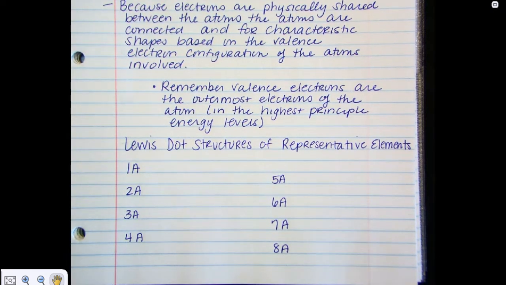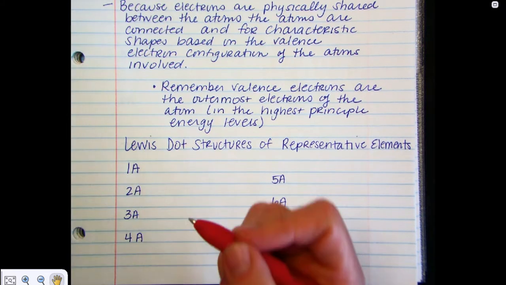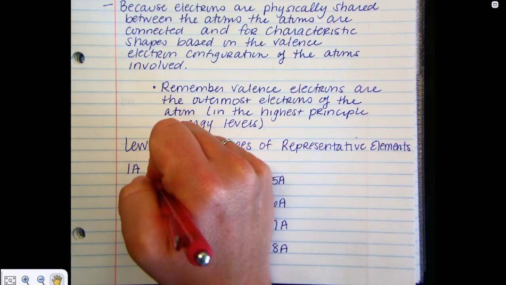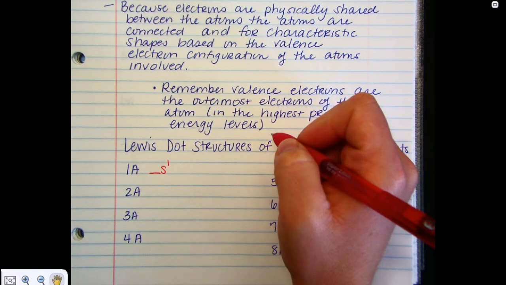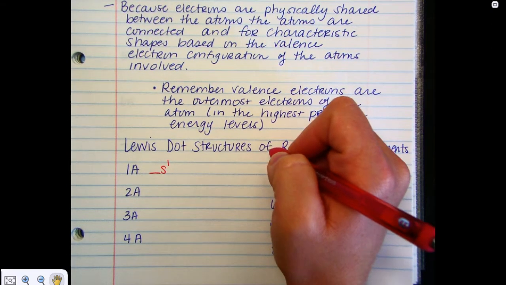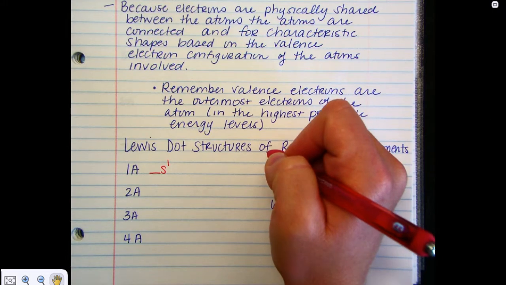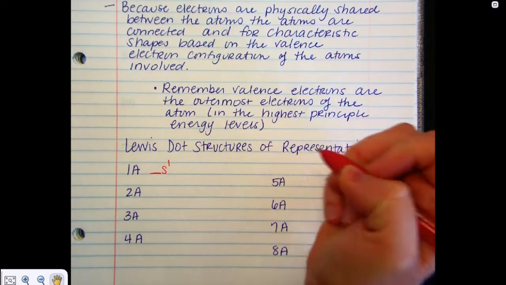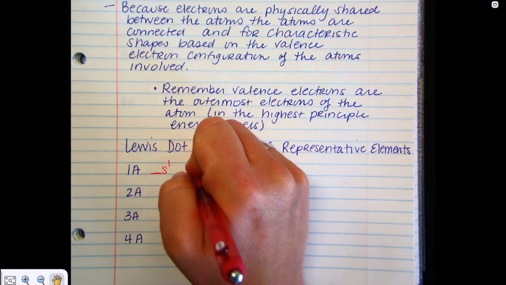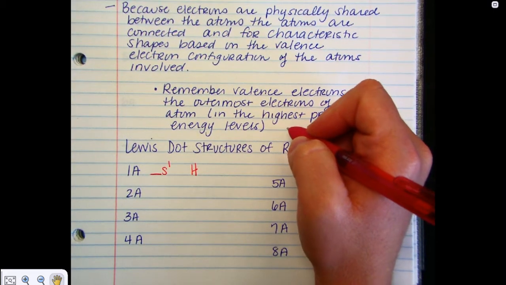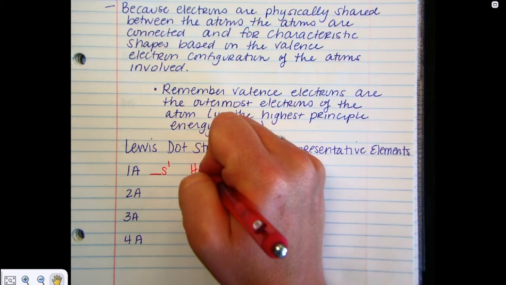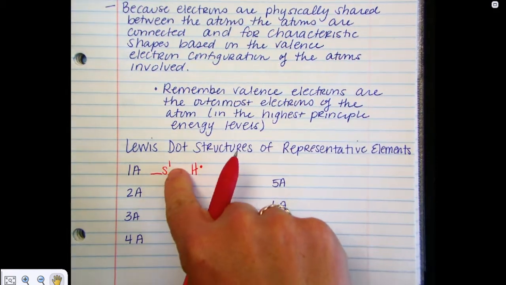So think about the 1A column: hydrogen, lithium, sodium, potassium, rubidium, cesium, francium. We know that everything in that column is going to end in a configuration of something s1: 1s1, 2s1, 3s1, 4s1. So they only have one valence electron. So everything in that column, when I draw the Lewis dot structure, would have the symbol of the element, which represents the nucleus and any inner electrons that there might be, and then a single dot that represents that one valence electron.